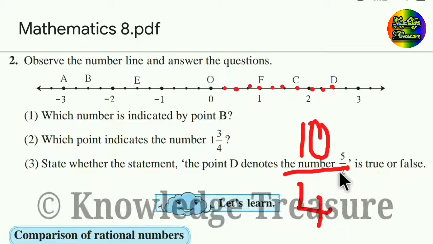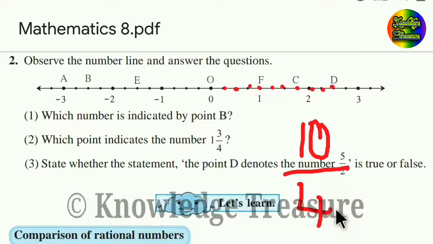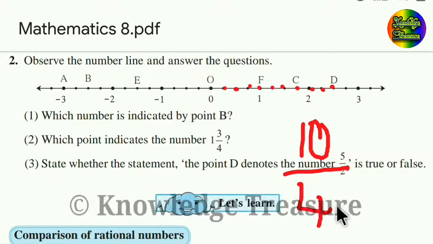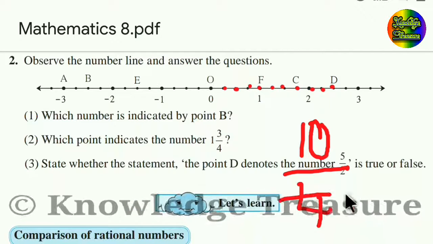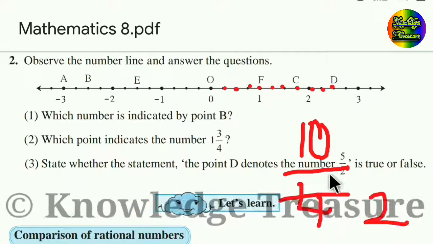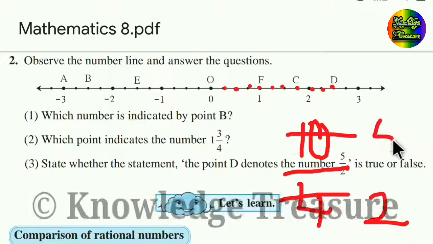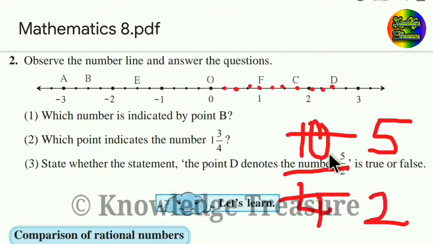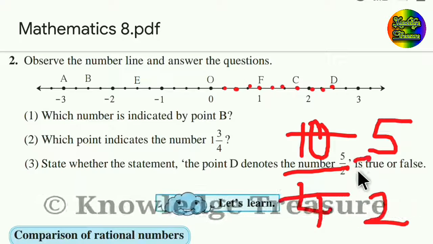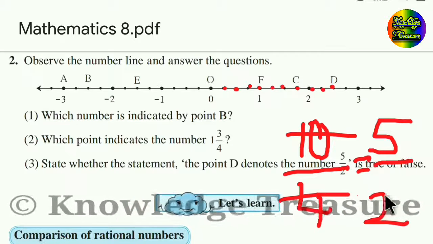Whenever you are simplifying this, both 10 and 4 are divided by 2. So what are you getting? 2 2s are 4. 2 5s are 10. So you can write 10 upon 4 as 5 upon 2.